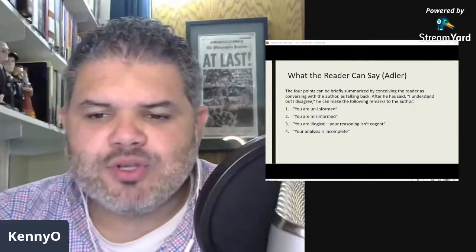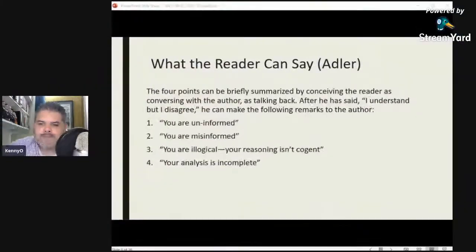So if you disagree with someone, it is perfectly appropriate. It is okay to have an opinion. Let me say that. It is okay. It's a big "if": if you can point out in which way someone is flawed, right? You can say, "I think you are uninformed, misinformed, illogical, or incomplete."